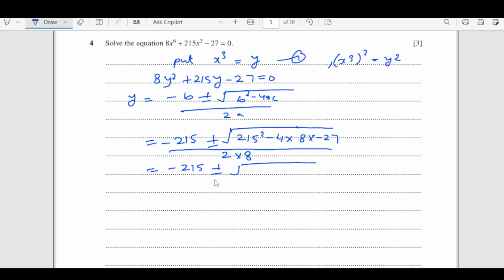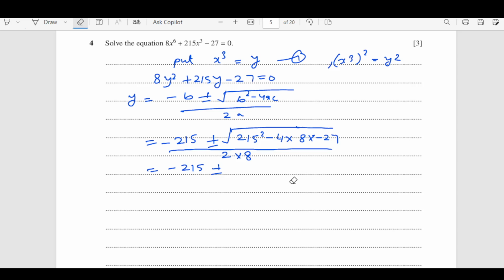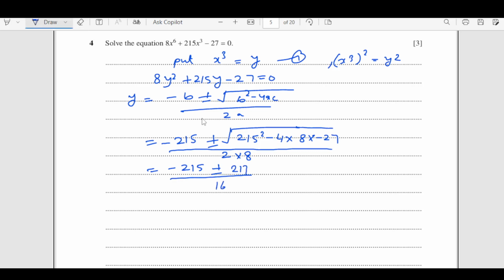When you plug in all these values, I'm just writing straight here, this comes out to be 217 after taking the square root, over 16.